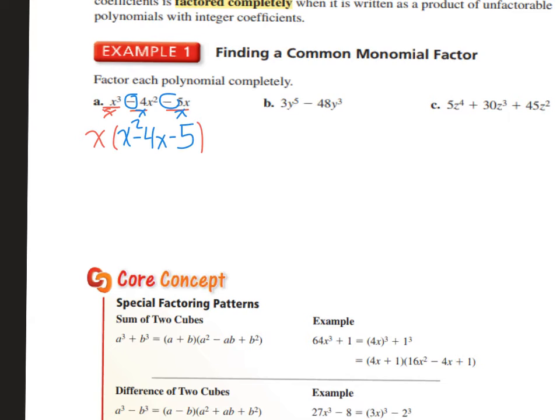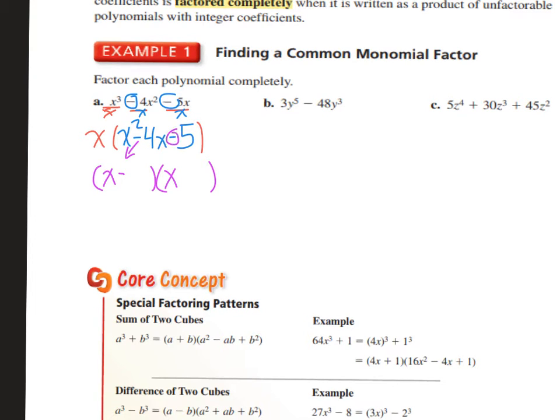But the directions say to factor each polynomial completely. And now in blue, I have a quadratic equation that takes us back to Algebra 1, and we need to factor that. So in order to do that, I'm going to switch colors here. I have an x in both sets of parentheses. My sign is going to drop from the first one.